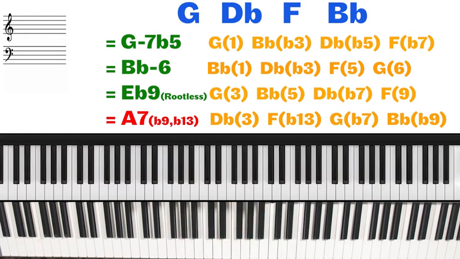So our goal really is to develop the awareness of the harmony's potential and the multiple ways that it can function, essentially. So what I mean by that is you want to get to a point where you can view the harmony as an entity of its own, as opposed to memorizing that this is always a G minor 7 flat 5 or this is always a B flat minor 6.